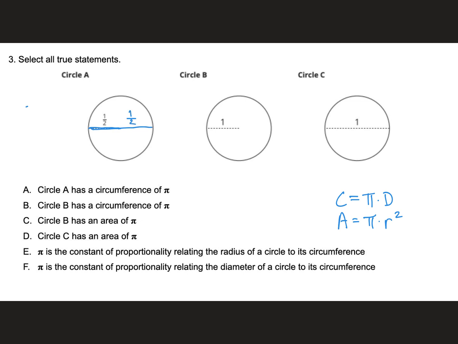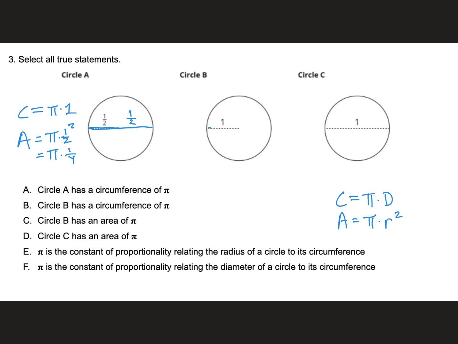So the circumference of circle A is equal to pi times its diameter, which is 1. And pi times 1 is just going to be pi, so circumference is equal to pi. My area is equal to pi times the radius squared, which is 1/2 squared. So area is equal to pi times 1/4.